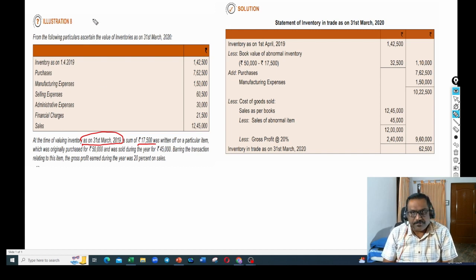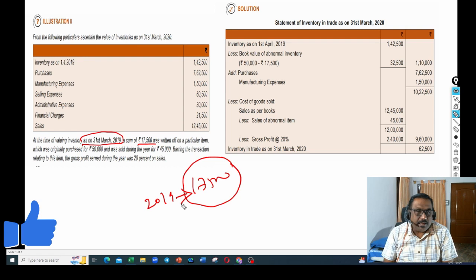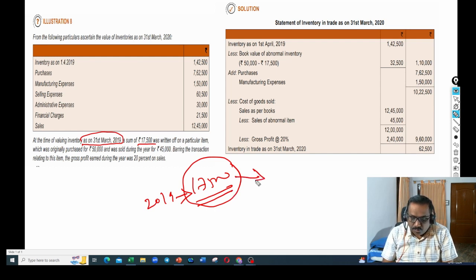Very important point. In 2019, there was an item written off for 17,500. When they write off 17,500, we need to see what the original price of this item is. The original price of this item is 50,000.